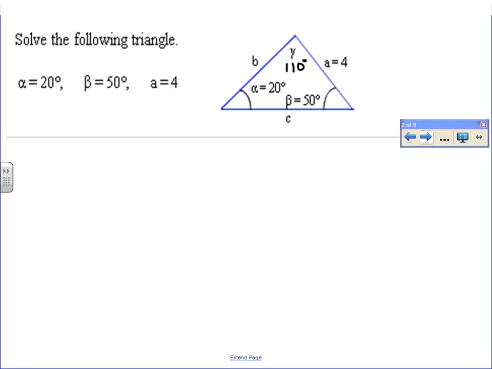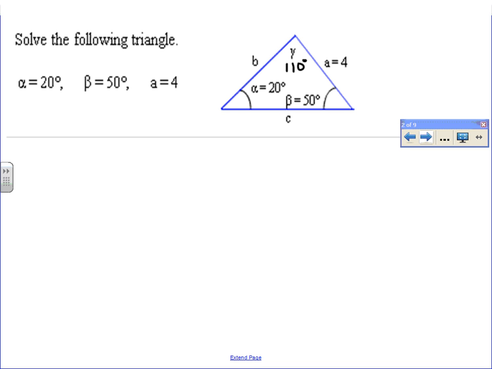Now the second part is to find sides b and c. So what I'm going to do is fill in my law of sines. Always start with the ratio where I'm given both the angle and the side. It's going to be the alpha, the beta, or the gamma? Alpha.